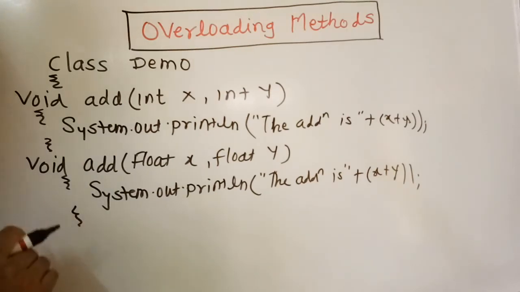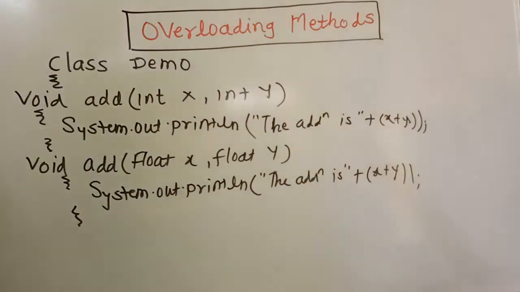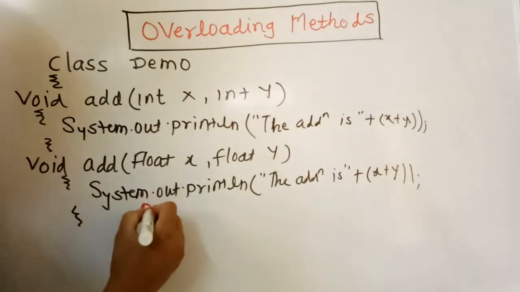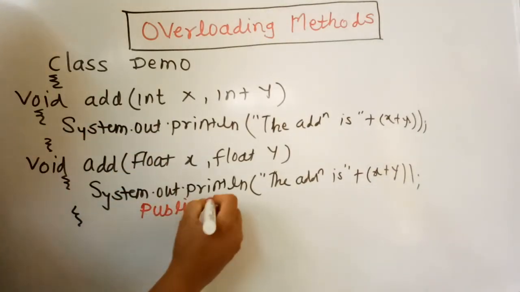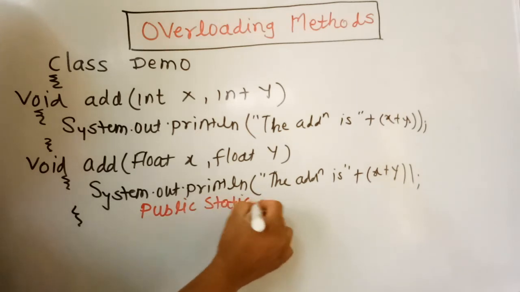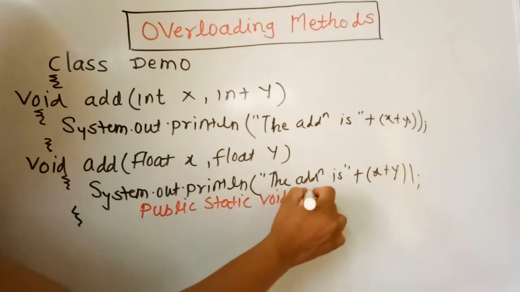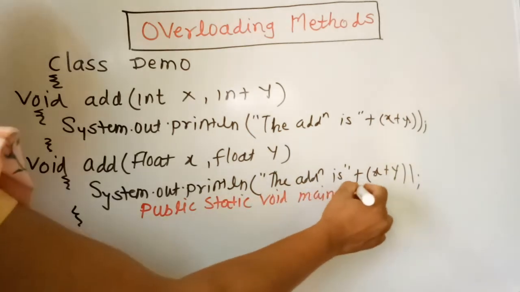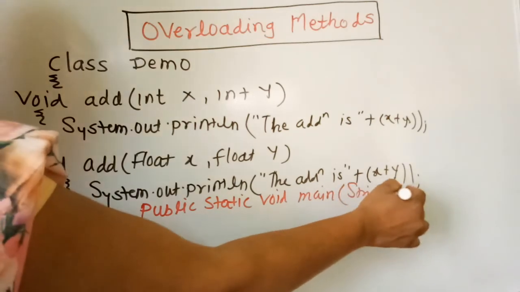So, for calling it, I have to write the main method: public static void main, in brackets String a.